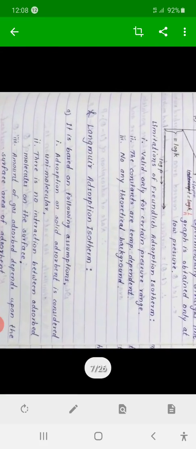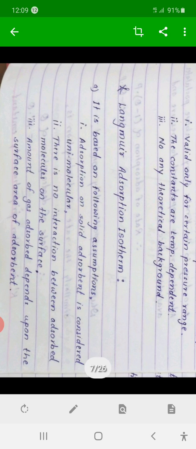Then the next adsorption isotherm, which is a theory for the adsorption process, is the Langmuir adsorption isotherm. This adsorption isotherm is based on the following assumptions.